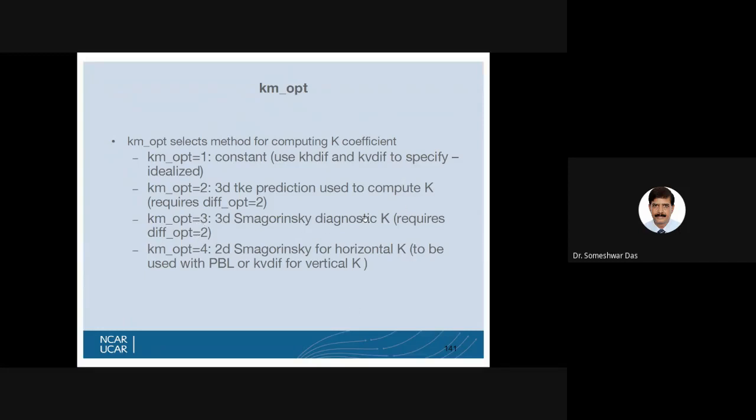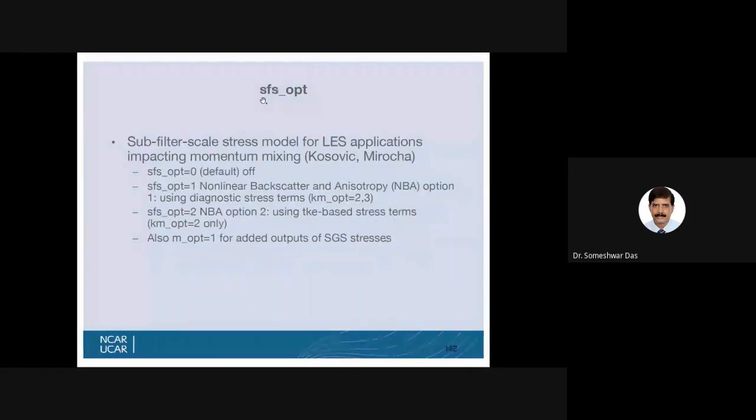Then you have also got the SFS option. The SFS opt parameter in the namelist allows the sub-filter scale stress model for LES, especially for the LES case. These options are utilized in applications impacting momentum mixing, discussed by the authors Kosovic and Mirocha. By default, SFS opt is set to 0, which means it is off.